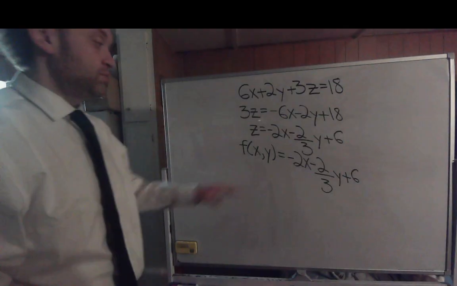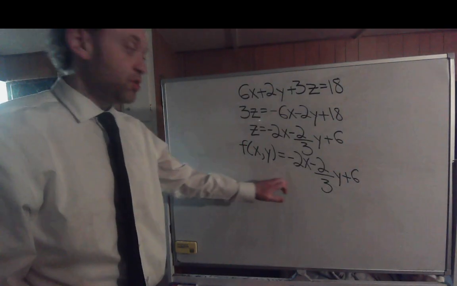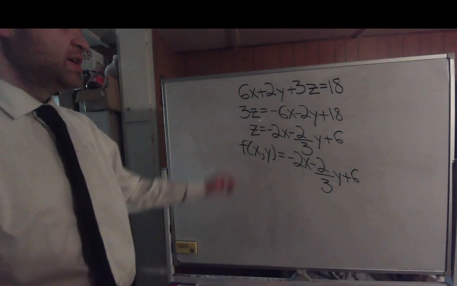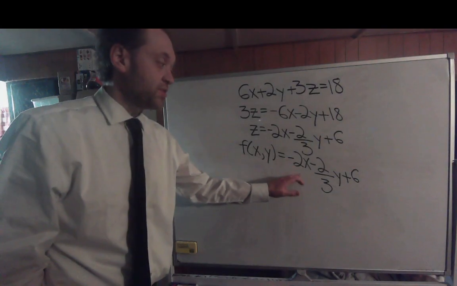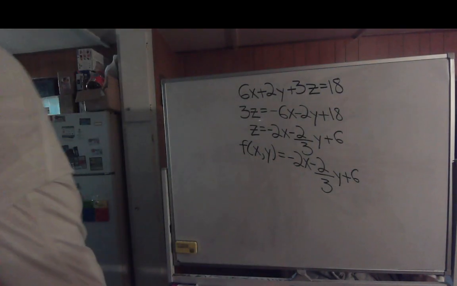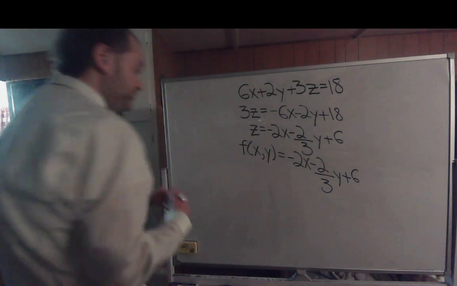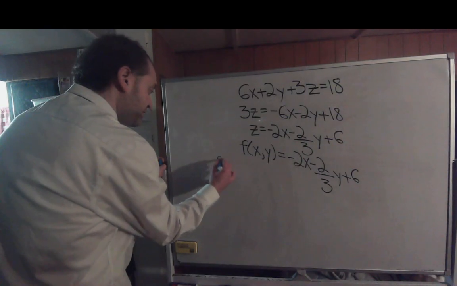That is how you turn z into a function of both x and y. This is considered a multivariable function. You solve for z, make it a function of both x and y. Now you're asked to evaluate also f of 2, 1.